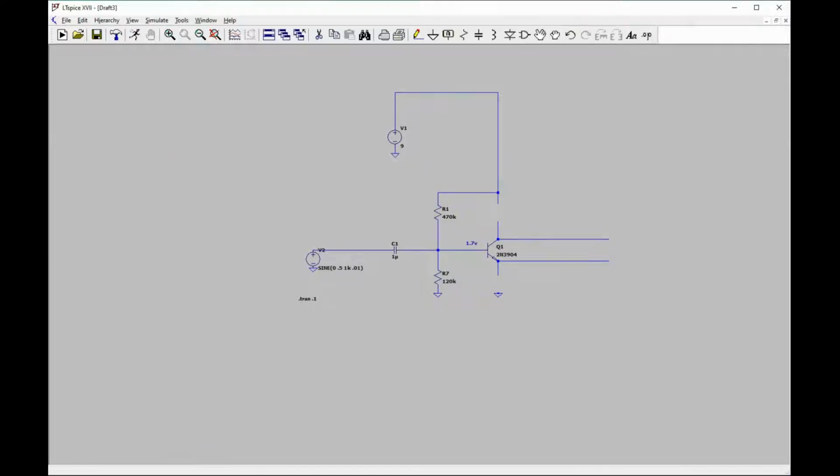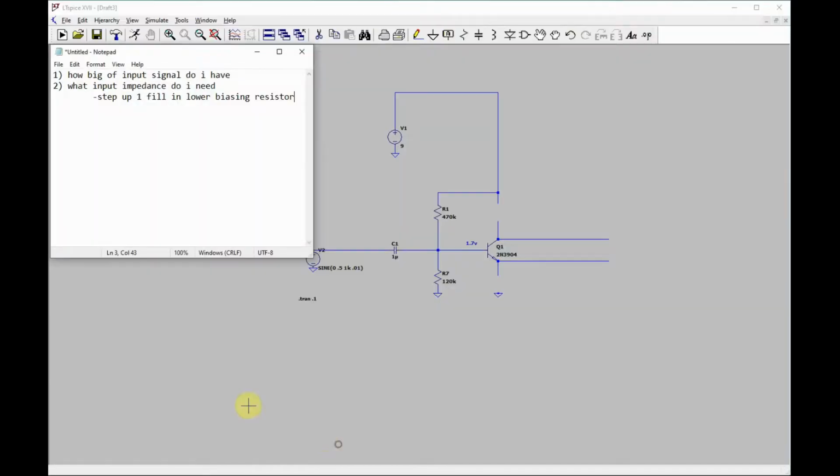Let's see, I'll add that to the list here. Okay, calculate upper biasing resistor with the voltage divider equation. So that's what we did there.